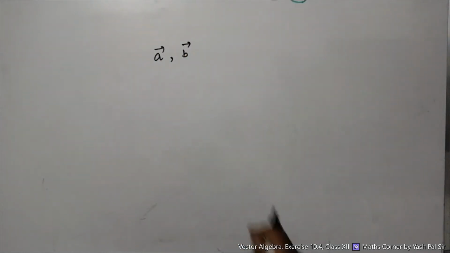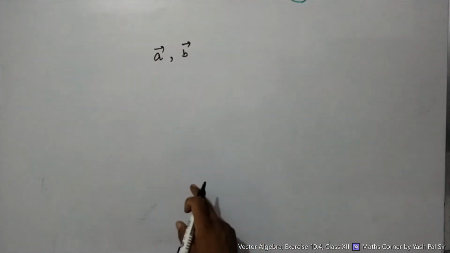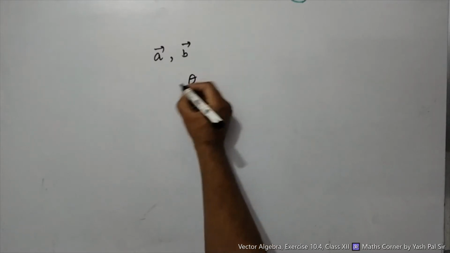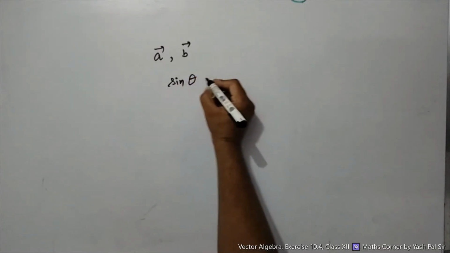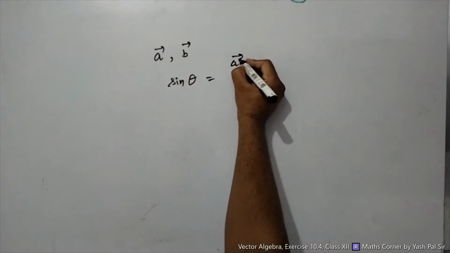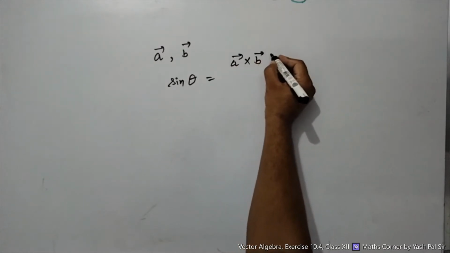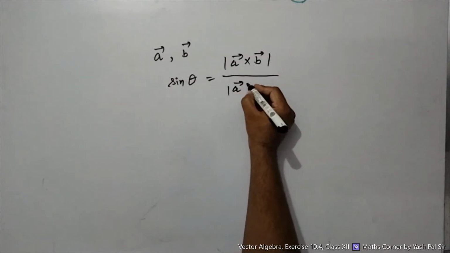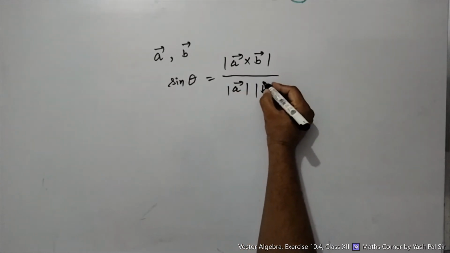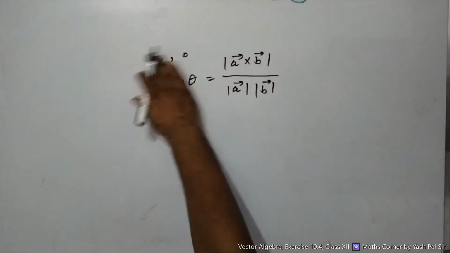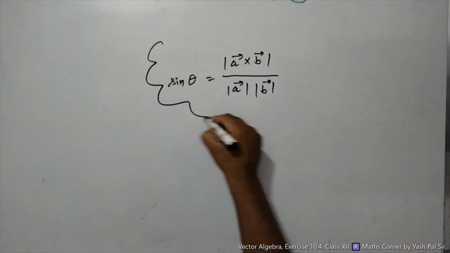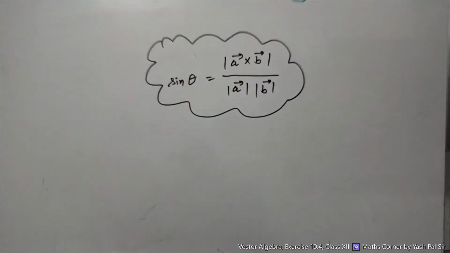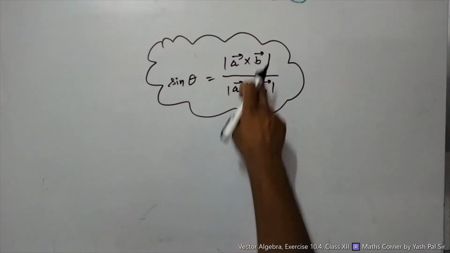To find the angle between these two vectors, let theta be the angle, then we write sin theta is equal to the magnitude of vector A cross vector B, whole divided by magnitude of vector A into magnitude of vector B. So this way we can find the angle in terms of vector product of two vectors, vector A and vector B.